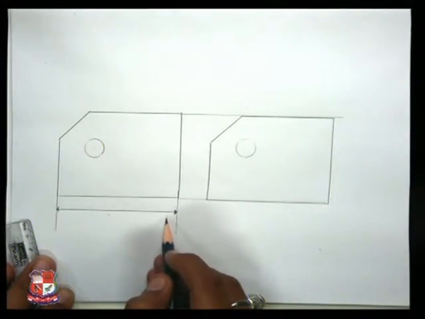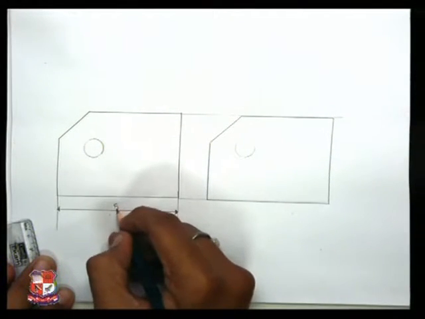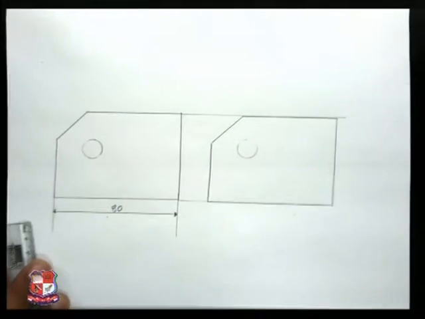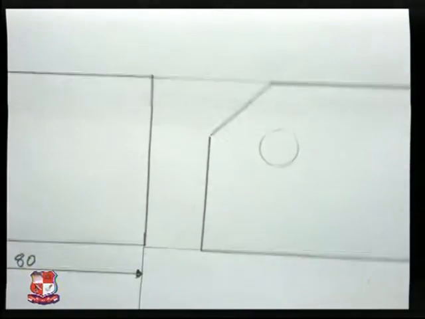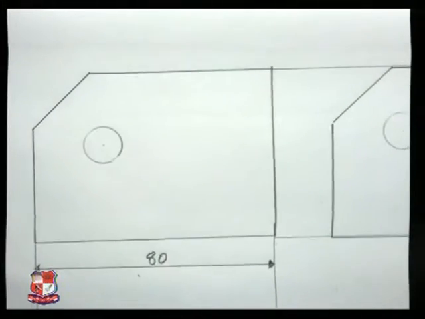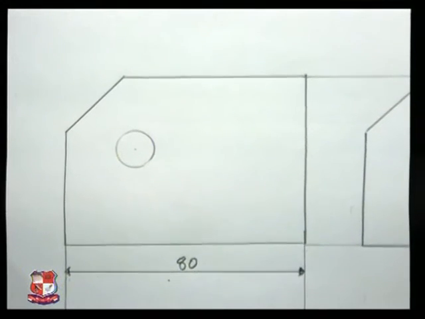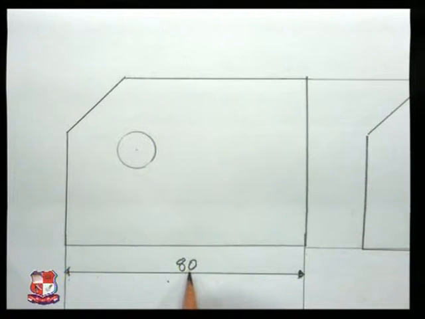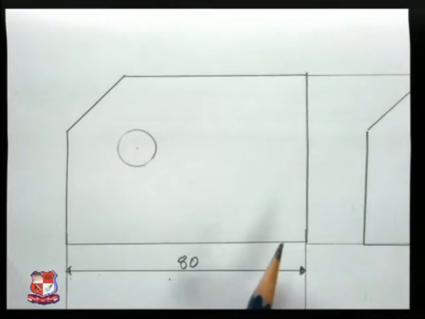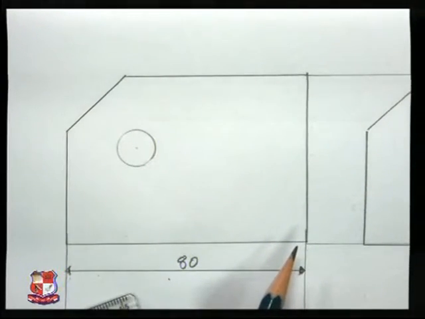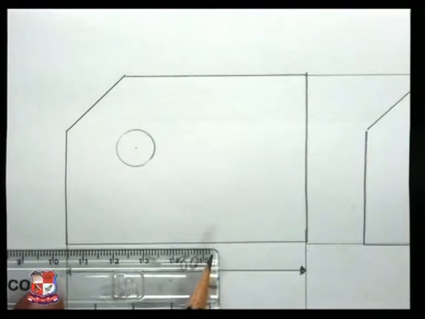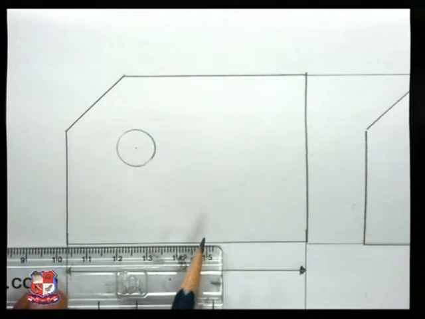We have this dimension of 80 mm, so I am writing 80 over here, above the dimension line and in the middle of the dimension line. This is about horizontal dimension. Now we will see how we can give a vertical dimension.